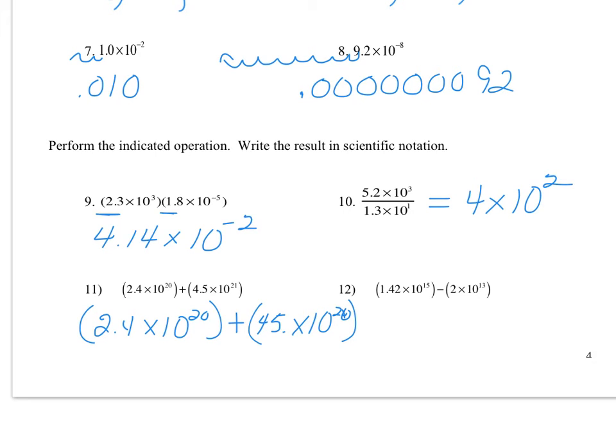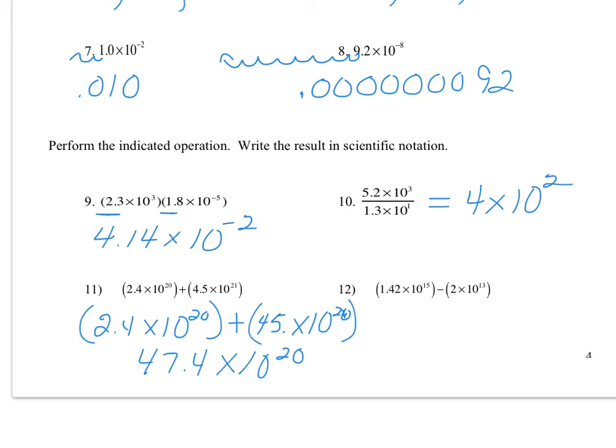So I actually can add them. 2.4 plus 45 gives me 47.4 times 10 to the 20th because they are like terms. It's like having 2.4 A's plus 45 A's. That gives me 47.4 A's. But this time my A's are times 10 to the 20th power.